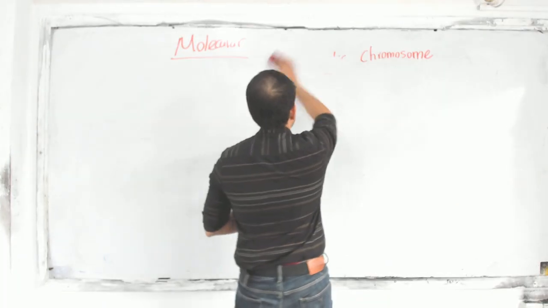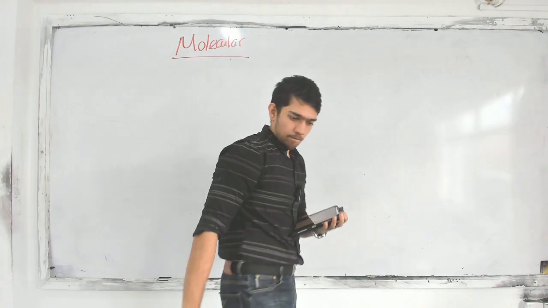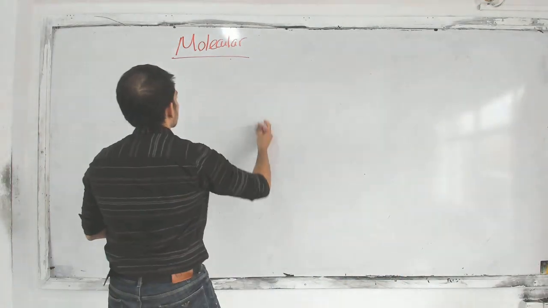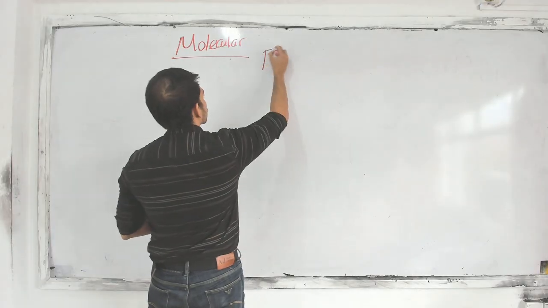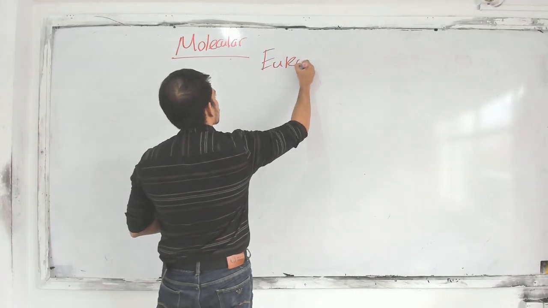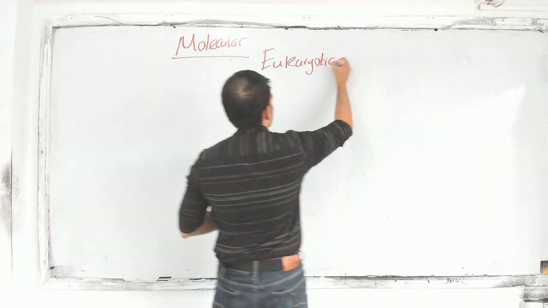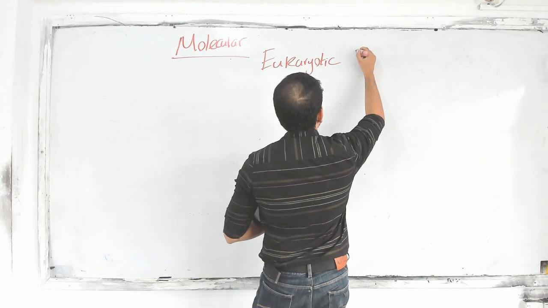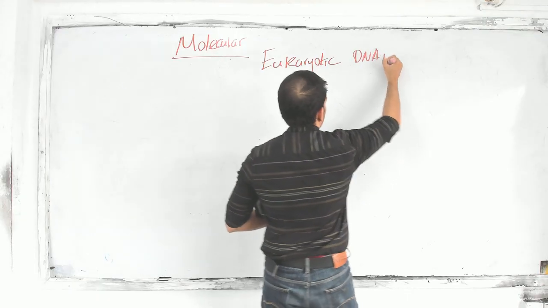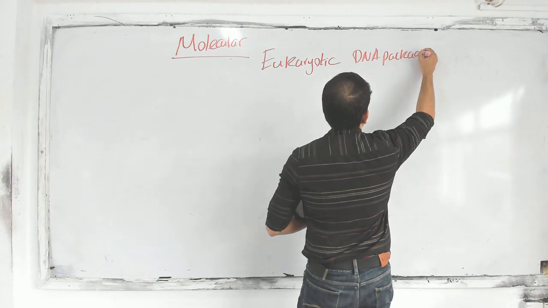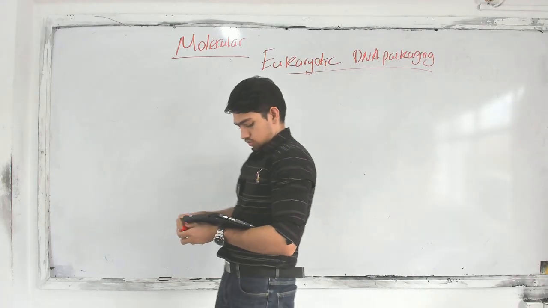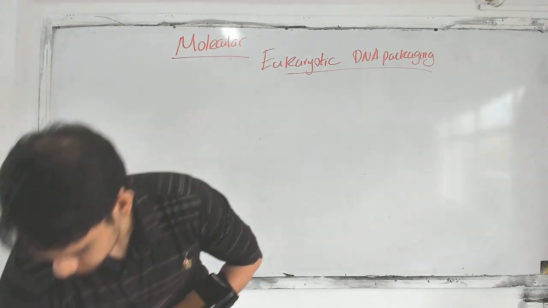Eukaryotic chromosome packaging. Right? So, what are the main differences?